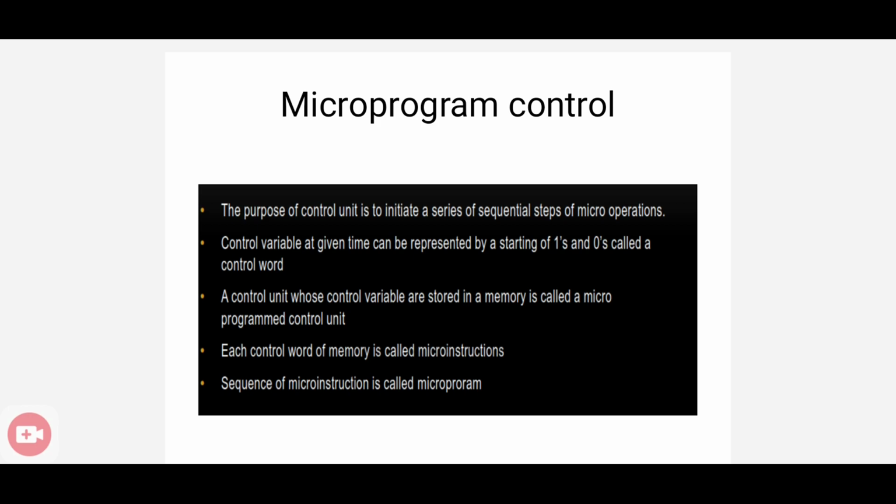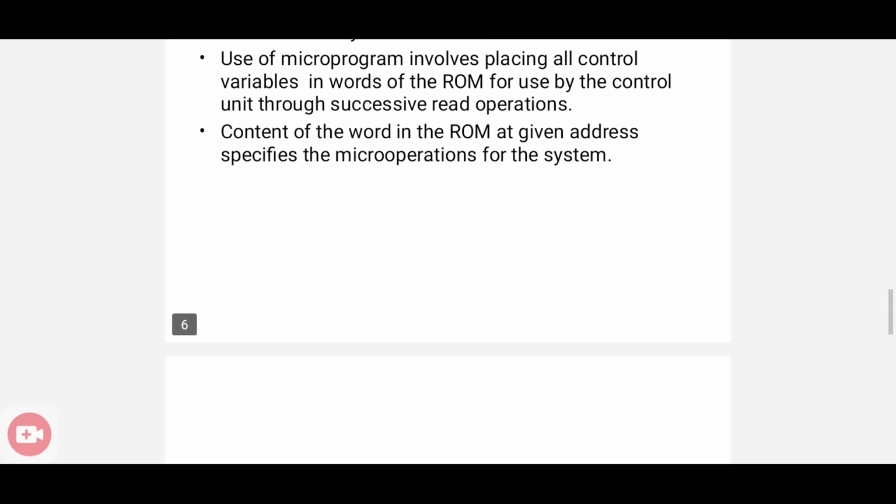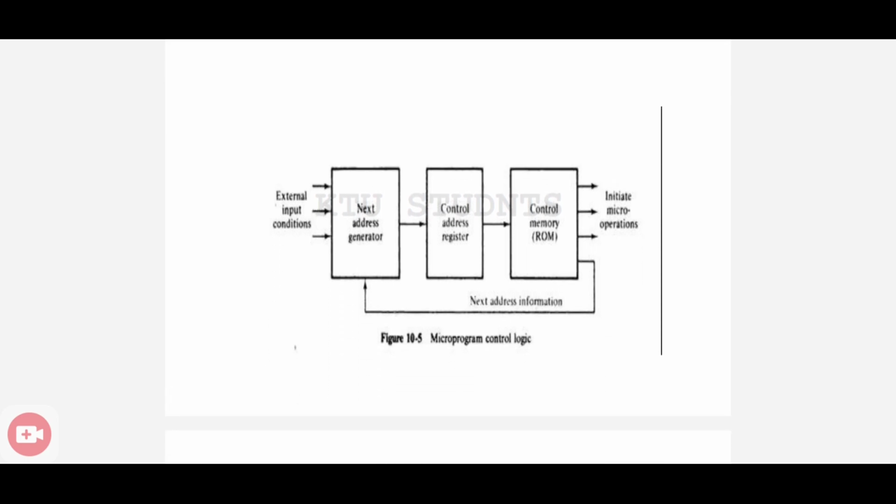Okay, so this is the architecture of microprogram control. Here there are three main components: one is the next address generator, the second is the control address register, and the third is the control memory, that is a ROM. The purpose of this control unit is to initiate some micro operations.